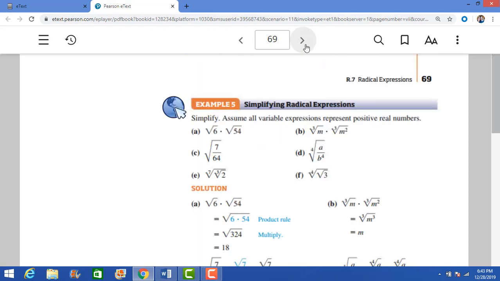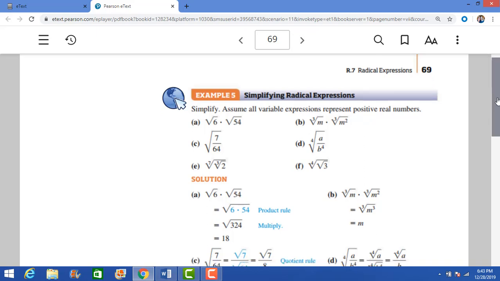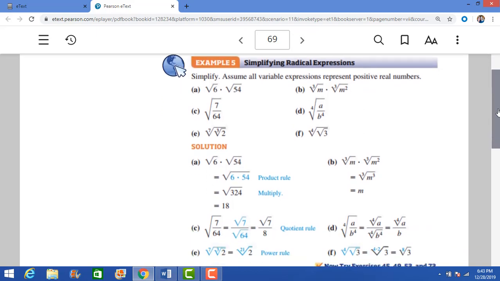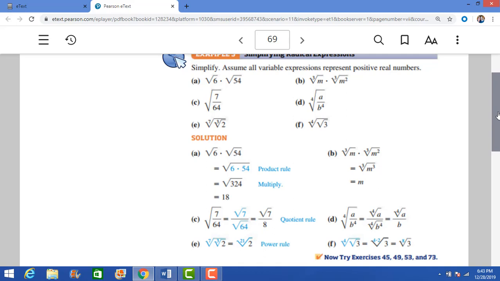Okay, so in this case here, we have some more examples. We want to simplify, so again, assume all the variable expressions are positive real numbers. So one way to simplify this is we want to write this in some form that we can combine these.